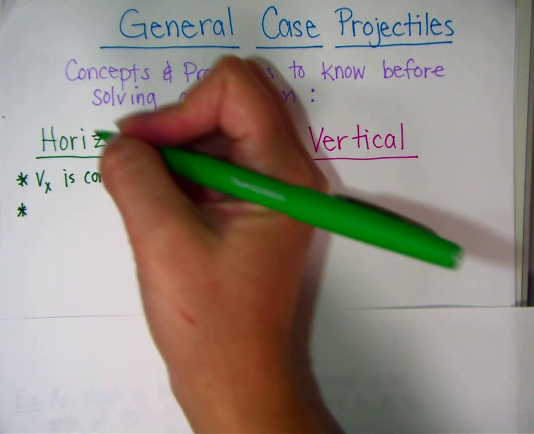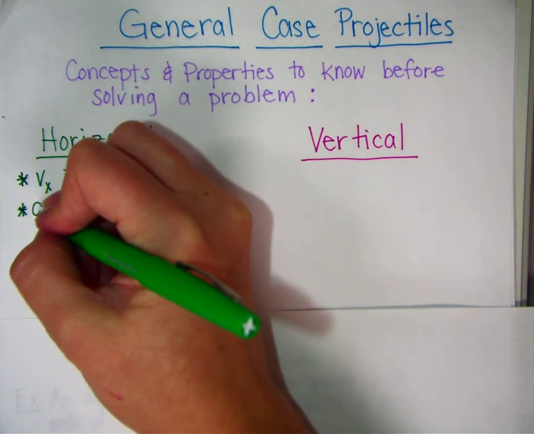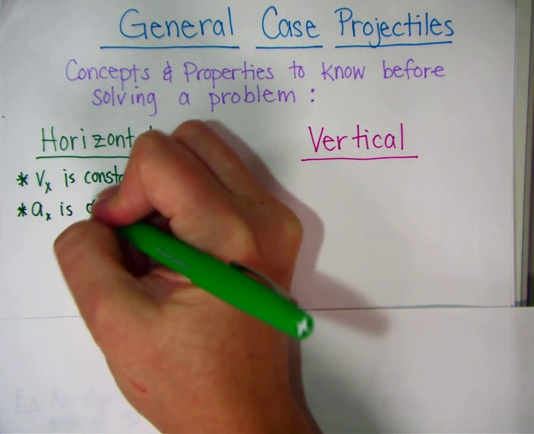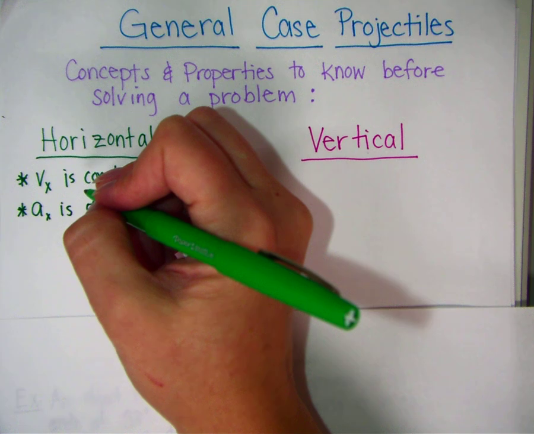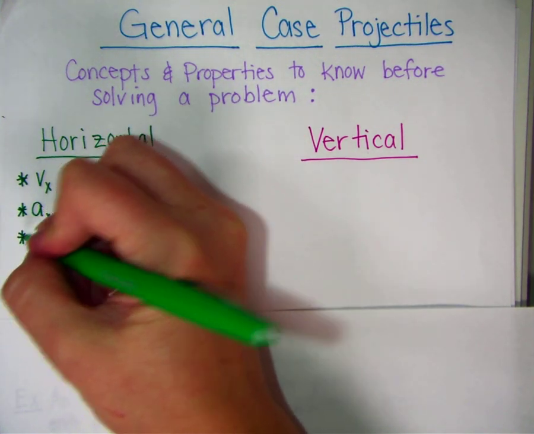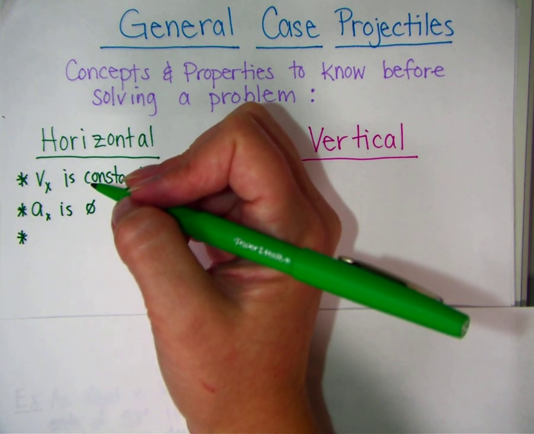In this case, the acceleration in the x direction is still 0, because that's what constant velocity means. Okay, but in this case, you are launching it from the ground and going up. Okay, so keep that in mind.